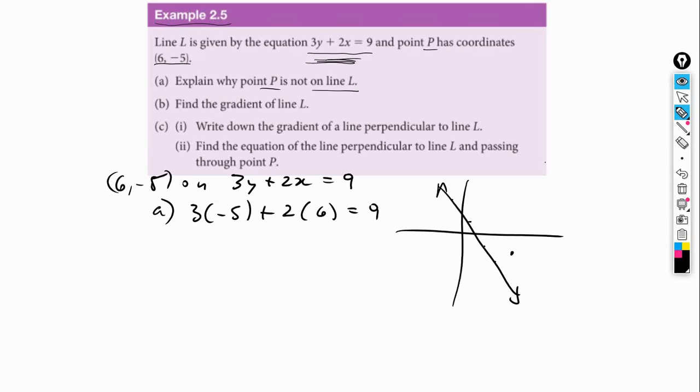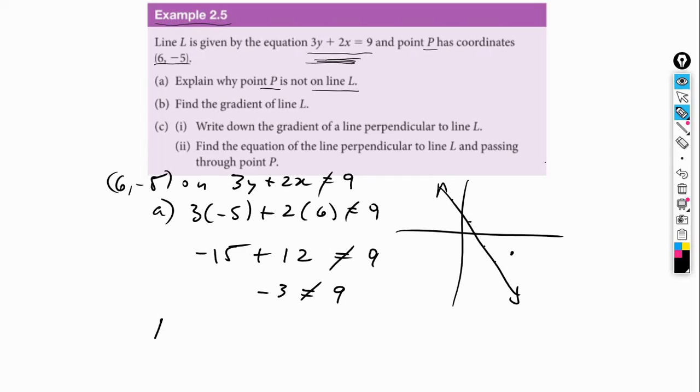Notice that this is going to be negative 15 plus 12, and that is definitely not going to equal 9, because this is negative 3, and negative 3 does not equal 9. Therefore, we can say with certainty that the point is not on the line.